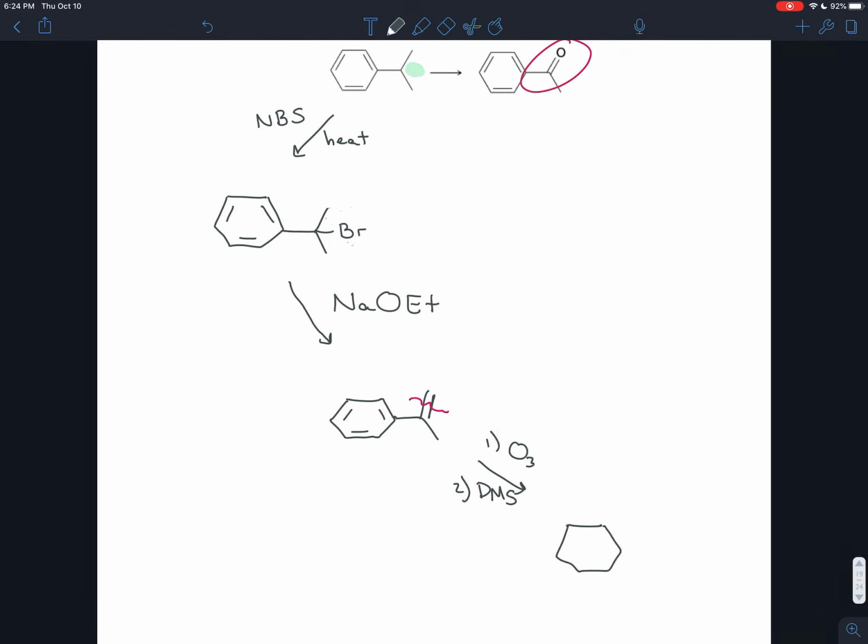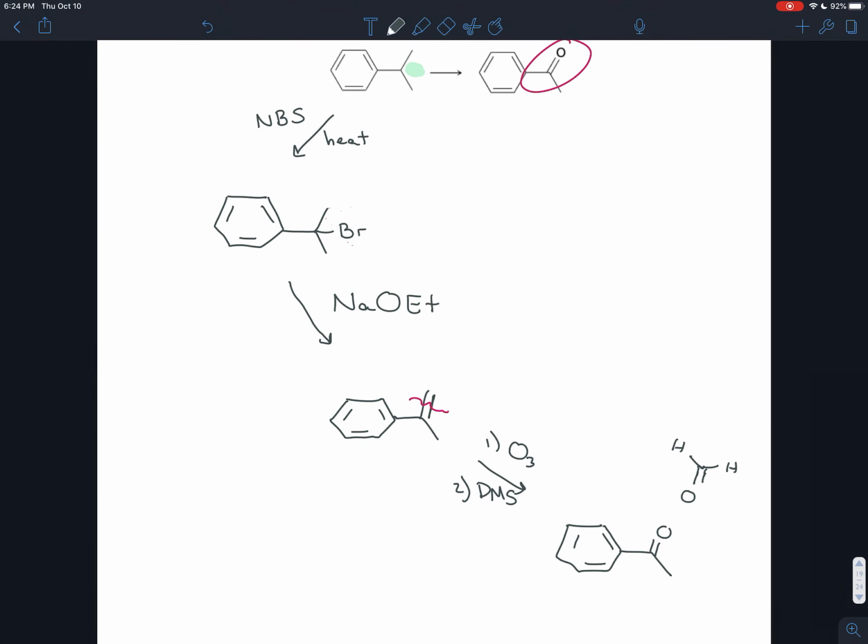First, the product that we always wanted, and second, you would also have formaldehyde. That's what that top part would turn into. So when you do ozonolysis, you draw that red line in between the double bond.